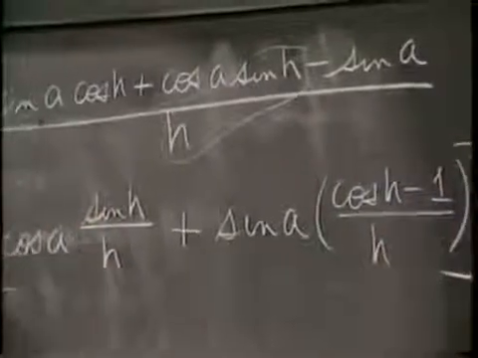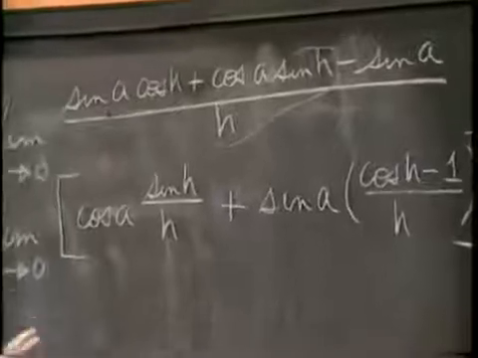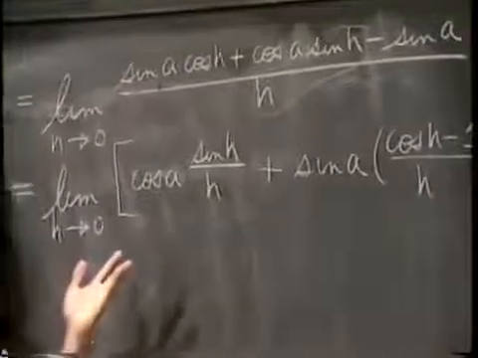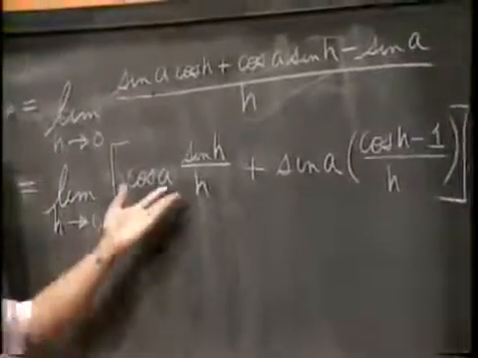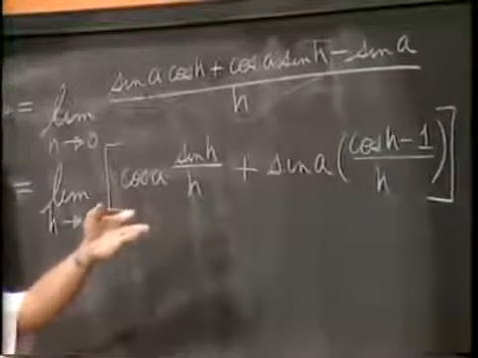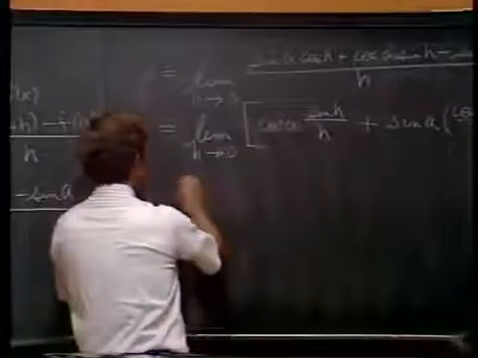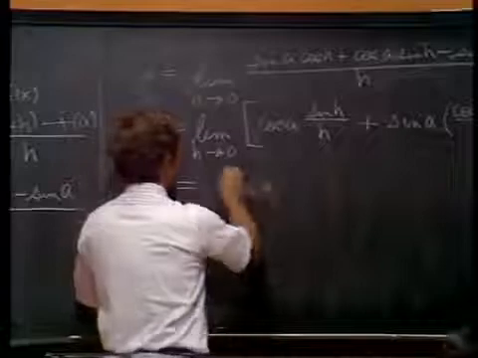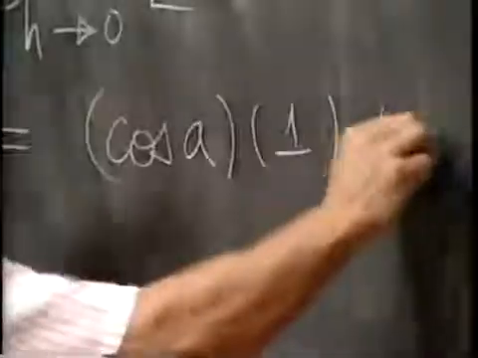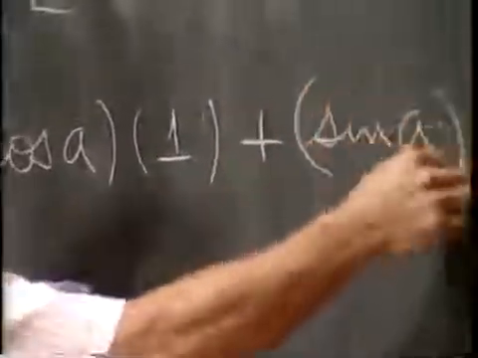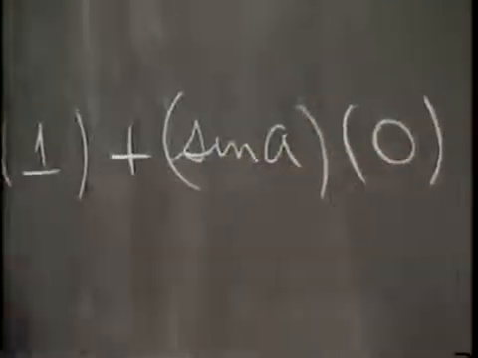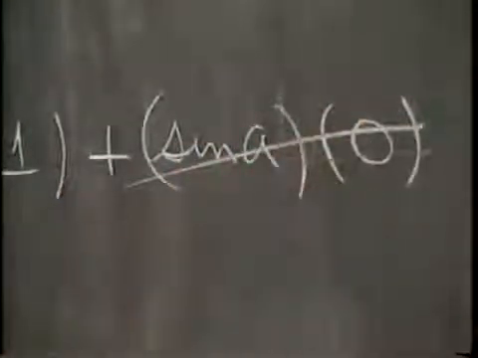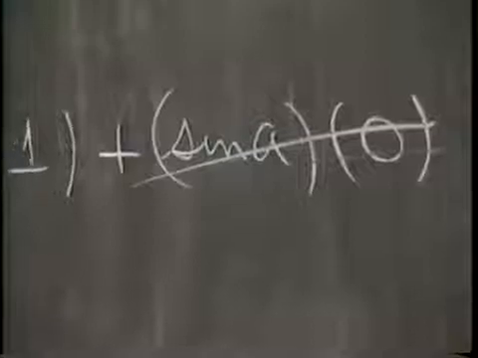And by putting things in the right place at the right time, what do you know? There's that other formula we investigated. And now the process is the limit of the sum is the sum of limits, et cetera, et cetera. And so we get cosine a times 1 plus sine a times 0. So nothing out of that term. And by George, there you have it, just as I had said.